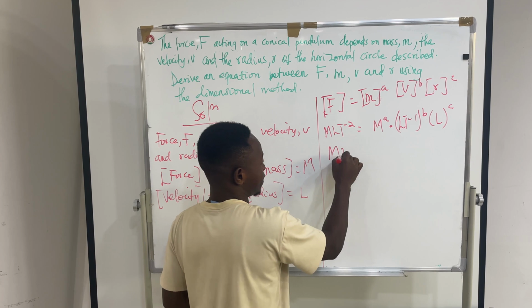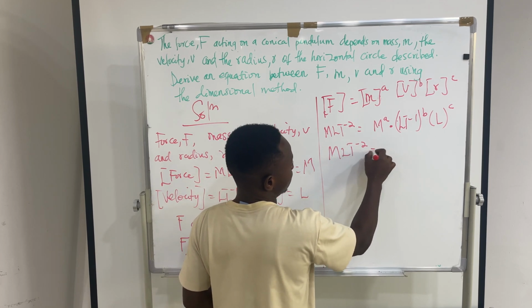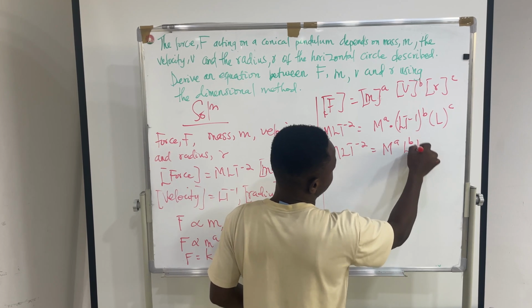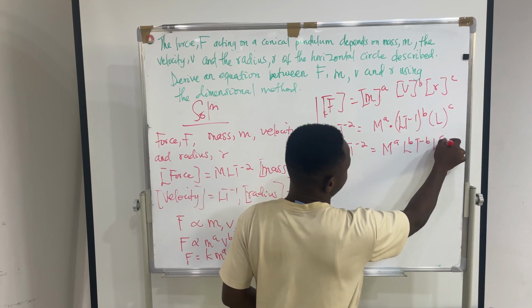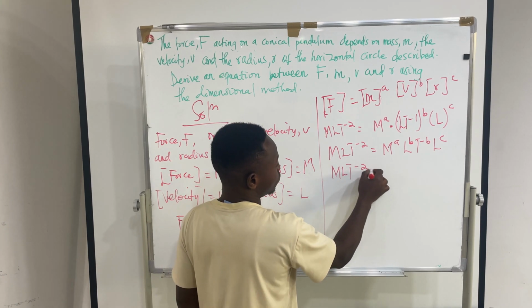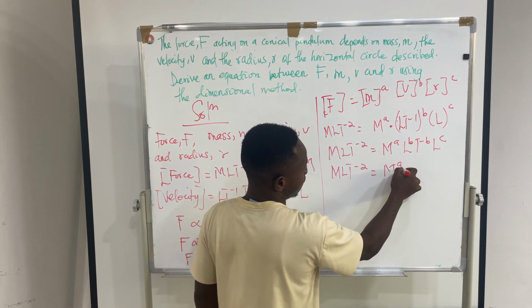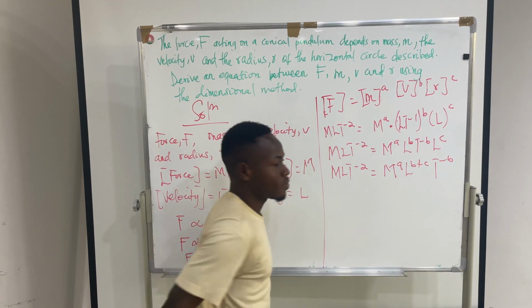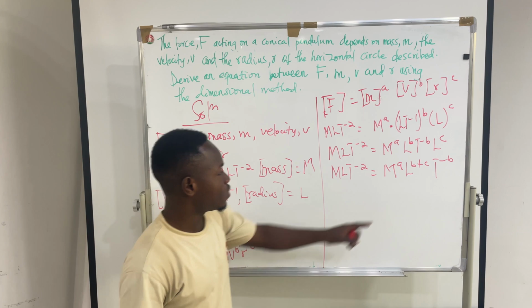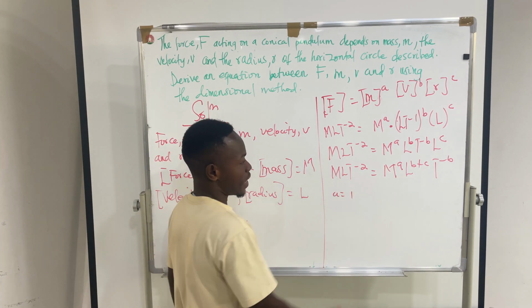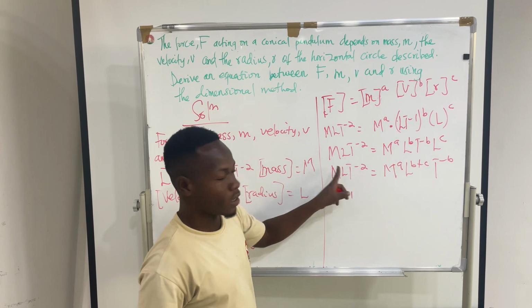If I expand this, I get M^a L^b T^-b L^c. So MLT^-2 equals M^a L^(b+c) T^-b. In terms of dimensions, I can just equate the exponents. So I can say that a equals 1.